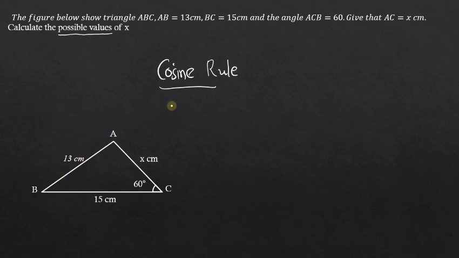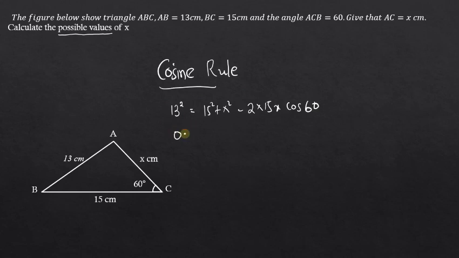So here you have 13 squared equal to 15 squared plus x squared minus 2 times 15x times cos 60, right? So I'm sending everything to the other side.